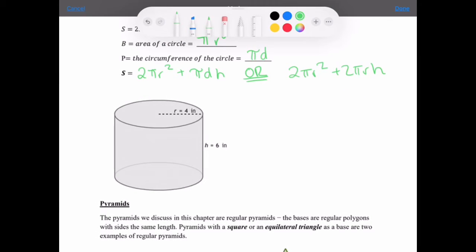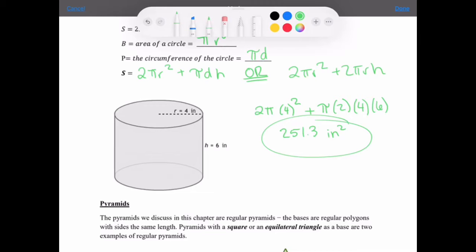So 2 pi times the radius, 4 squared, plus pi times 2 times the radius again, 4 times the height, which is 6. That's it. You can just plug all of that into your calculator, right, as is, and we get 251.3 inches squared. And that's how you'll find the surface area of a cylinder.